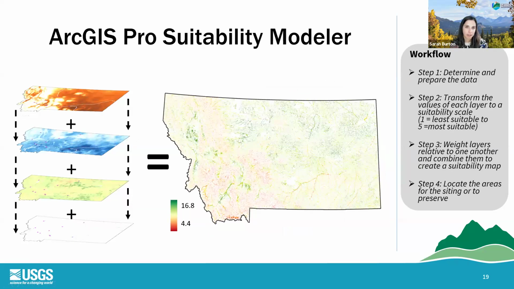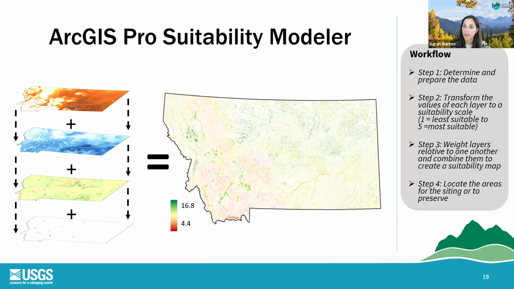So we took those data layers, once we got them formatted, converted, all standardized, and we started working to get them ready for the ArcGIS Pro suitability modeler. It's essentially layering these on top of each other, these 4 layers, to give us our output index of suitability.